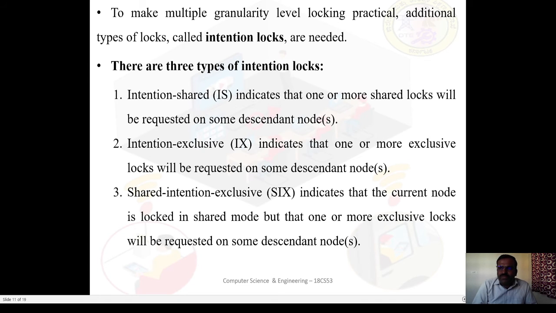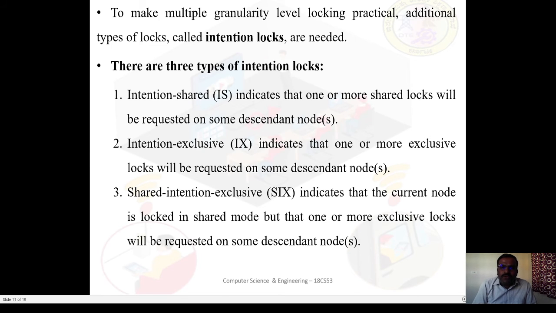The idea behind an intention lock is for a transaction to indicate along the path from the root to the desired node what type of lock, whether shared or exclusive, it will require from one of the node's descendants. Shared means read, exclusive lock is for write.